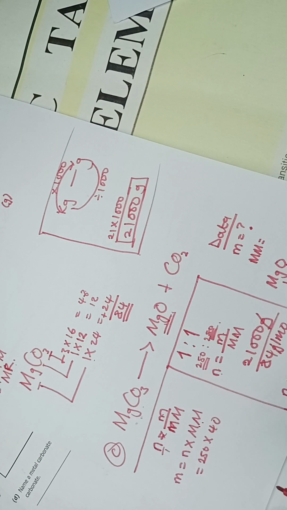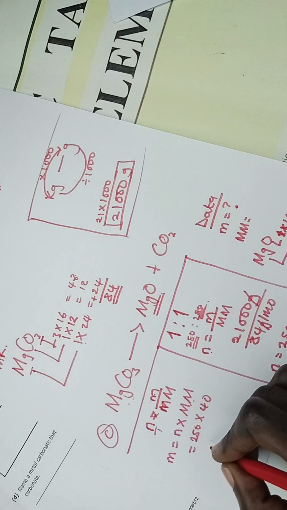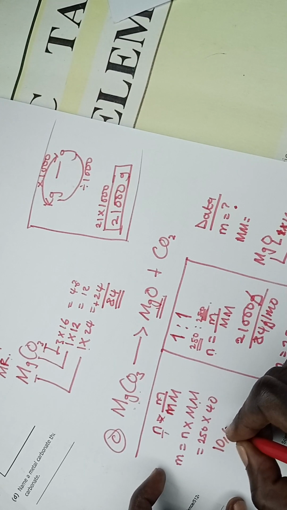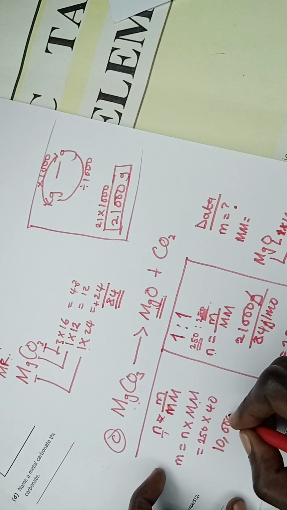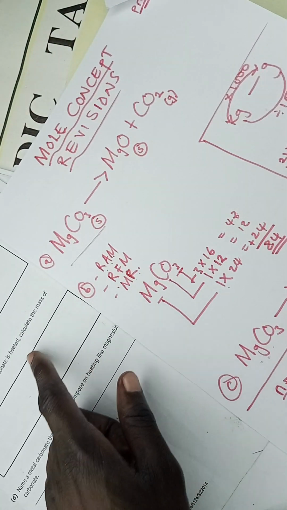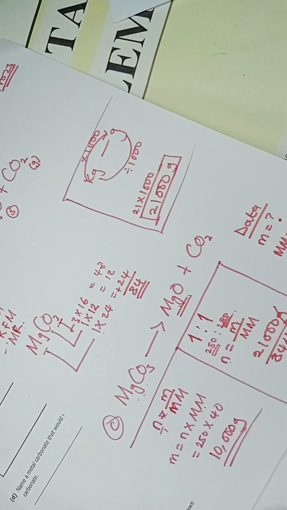This gives us 10,000. So 10,000 grams of magnesium oxide would be formed. All right, so that is what it means.